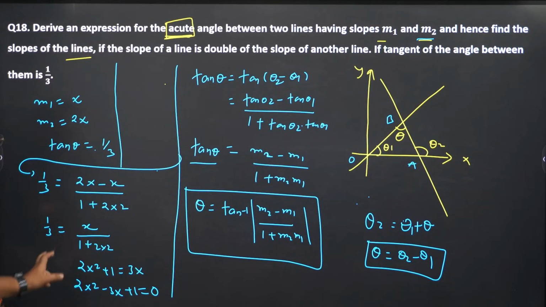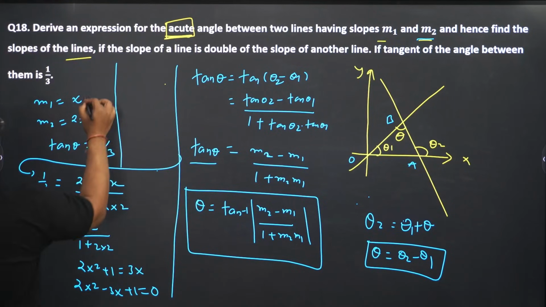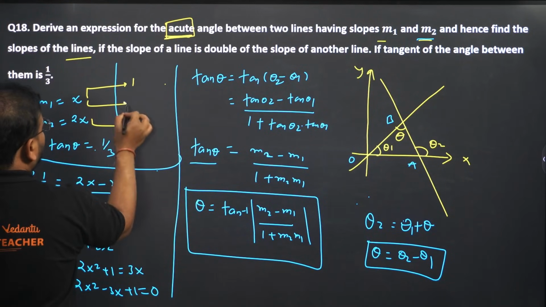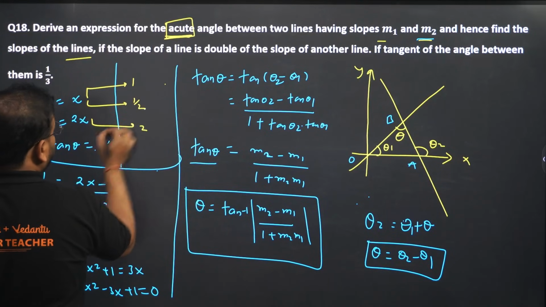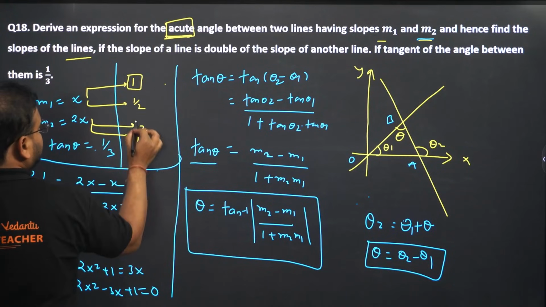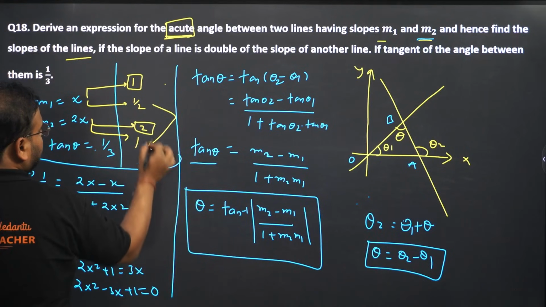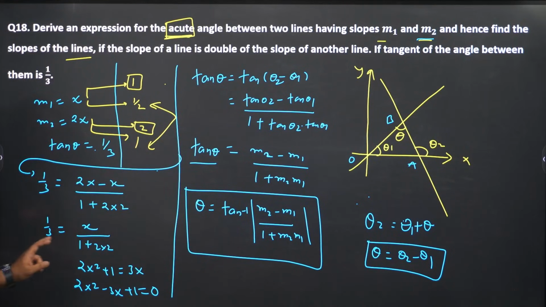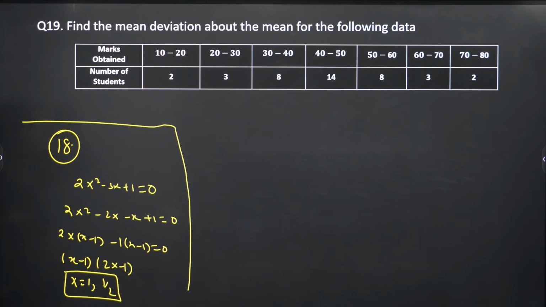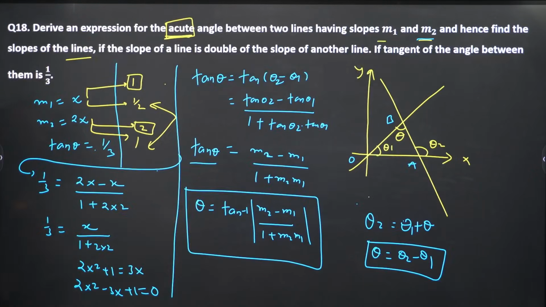If you take x value as 1 by 2, this comes as 1. Your choice. And these two are related. Clear? Expression is clear. Easy question.